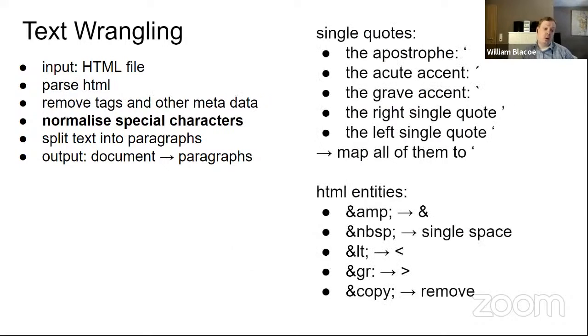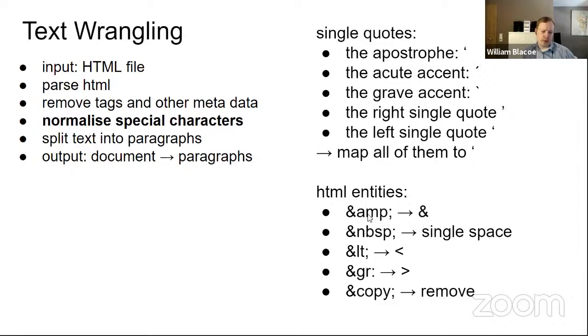Then you usually need to do a lot of cleaning of the data, because anyone can tweet anything. For example, tweets are some of the noisiest data out there when you're working with text. There are lots of different ways of writing single and double quotes, for example, and you might want to map them all onto just one version of single or double quotes if you don't care about the subtle differences. But that depends on your application, of course.